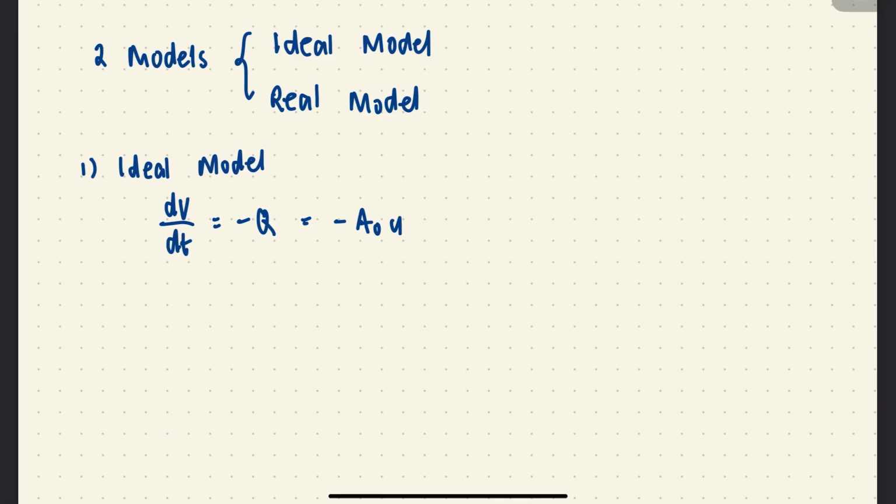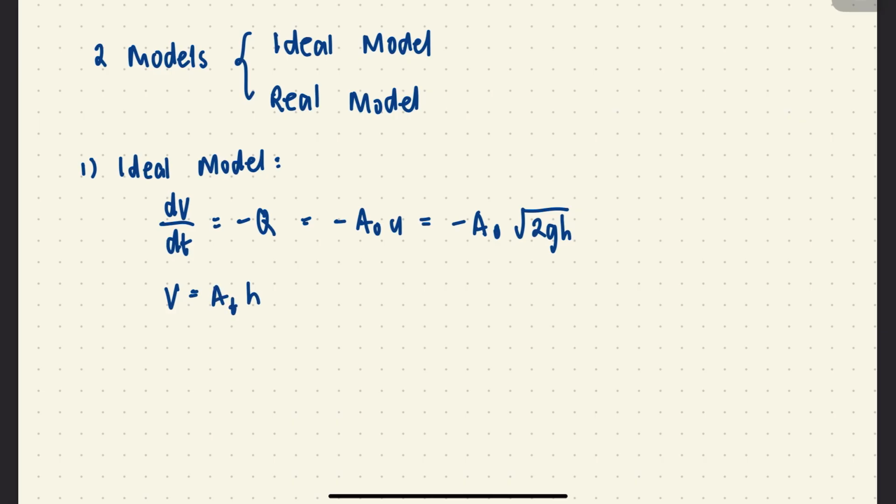And from the Bernoulli equation, u is the square root of 2gh. Okay? Relating your volume and height, we have your volume is equal to the area of the tank times the height.